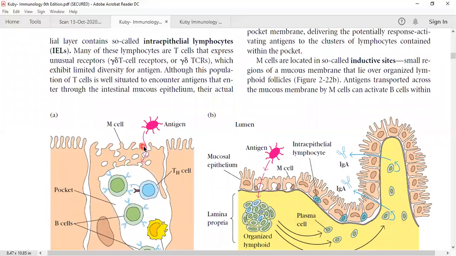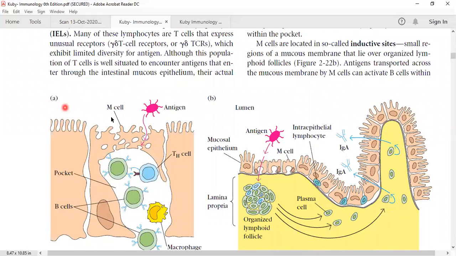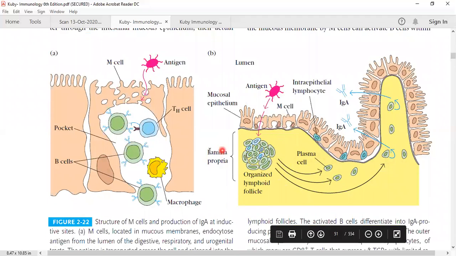But these M cells have these pocket-like structures, and they are helping in the transport of antigen from our digestive tract, from the lumen into the submucosal region or the lamina propria region, where it will face different types of B and T cells.